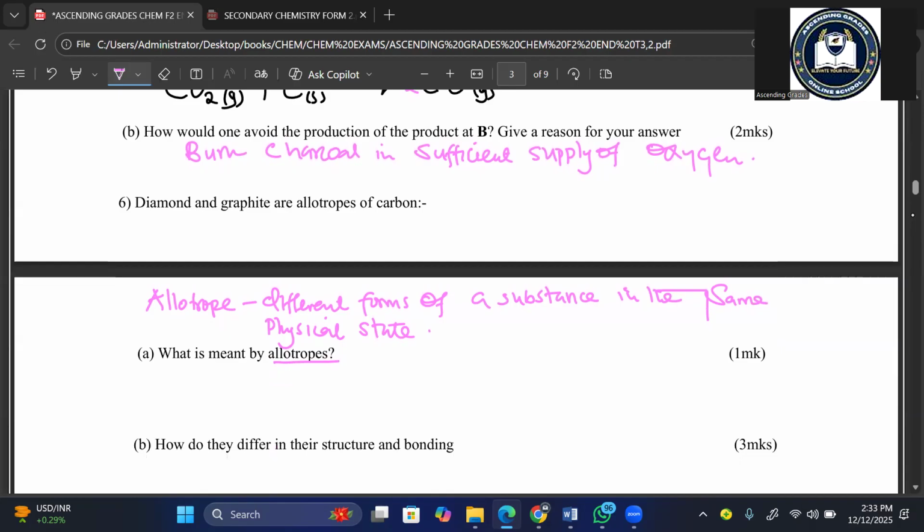How do they differ in their structure and bonding?